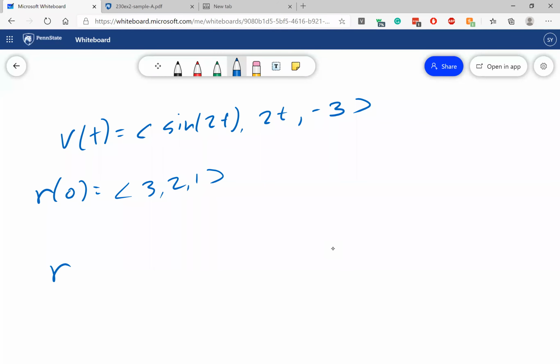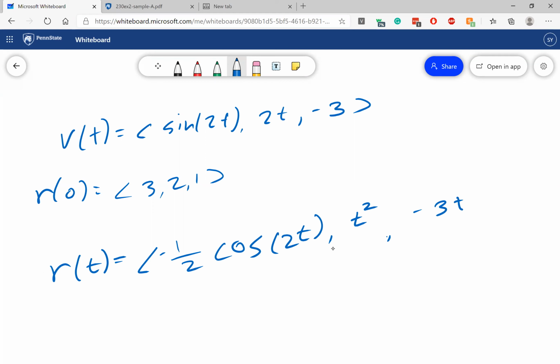So my r of t is going to be equal to (-1/2 cosine of 2t, t squared, -3t), plus a constant: plus c1, c2, and c3.